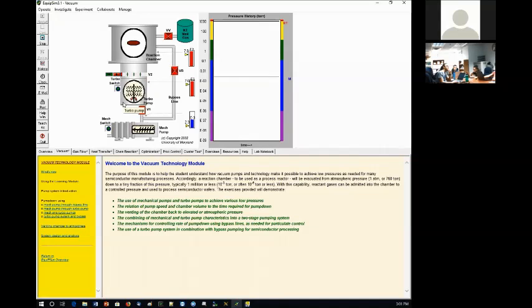This is going to be the time when the turbo actually works rather than just tricking us. So turn on the turbo. Still, it's the mechanical pump doing the whole thing, because once the turbo takes over, it's going to put it down to 10 to the minus 9. Look at the pressure.